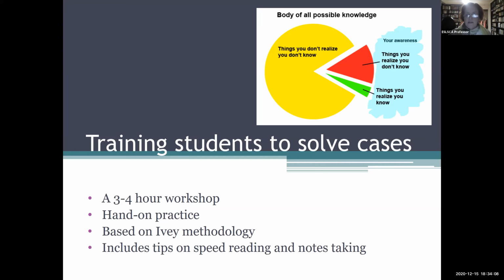So in every class, before every class, I give a 3 to 4 hour hands-on workshop. It's a hands-on practice where we dissect the case. We learn how to do it based on the Ivy methodology. It also includes some tips on speed reading and note taking.